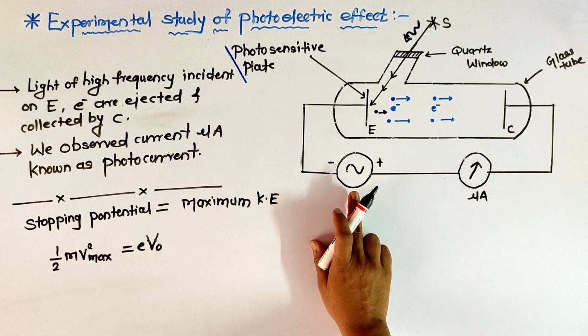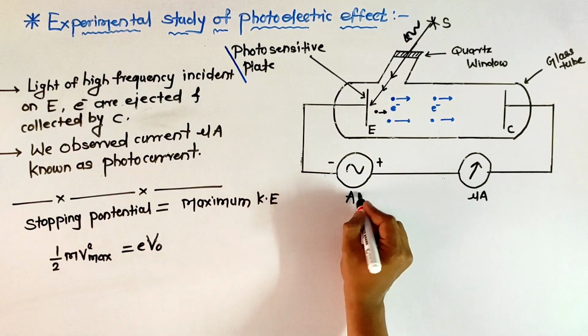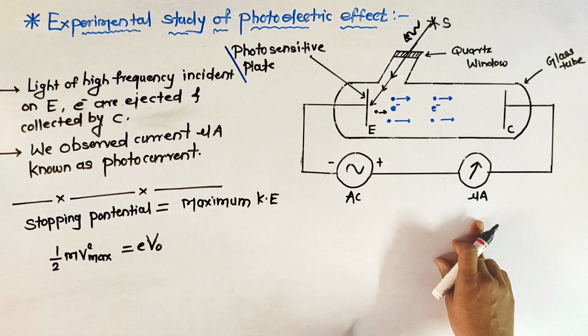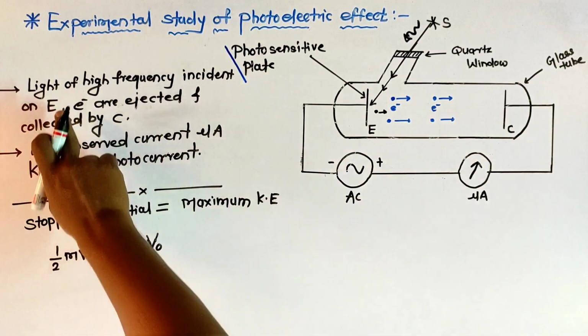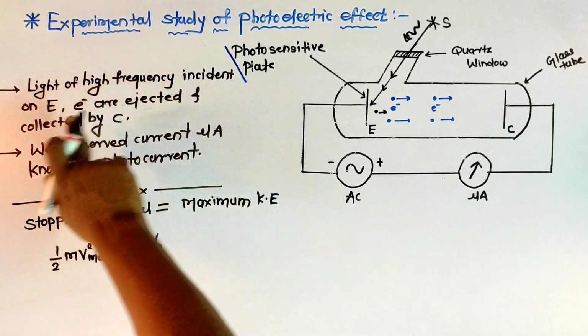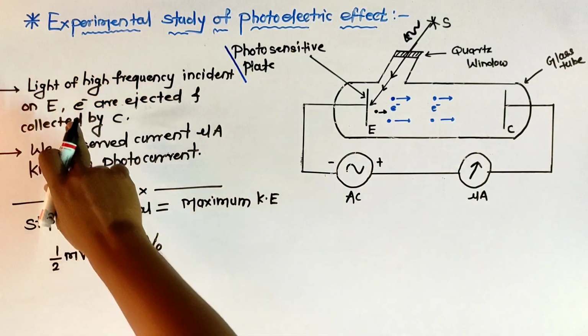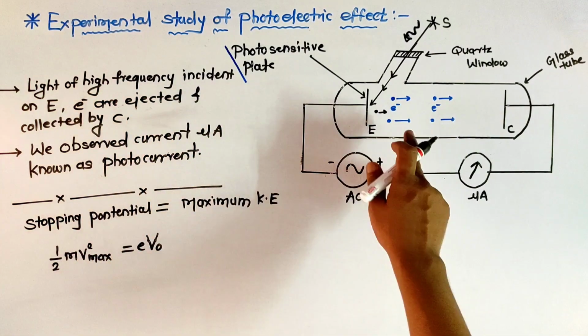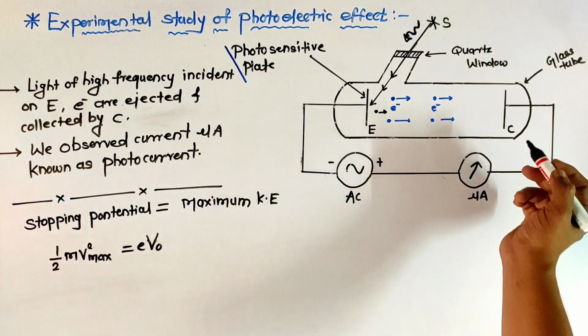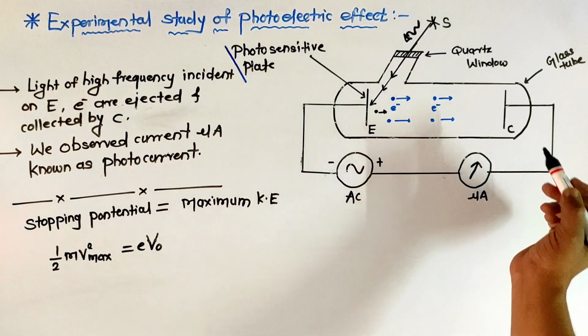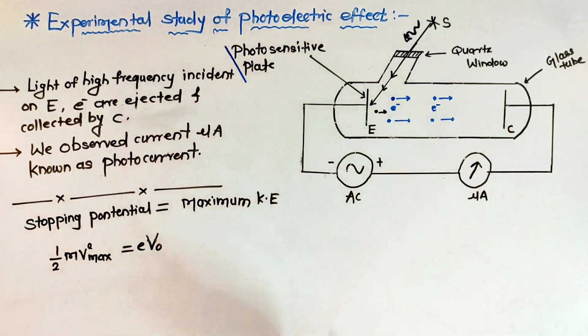Here we see my AC source and this is my microammeter. This is the experimental setup of the photoelectric effect. When light of high frequency is incident on the emitter, electrons are ejected and collected by the collector. Now we are going to see how this collector collects the electrons.